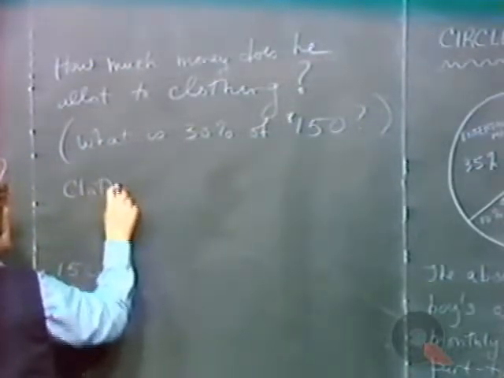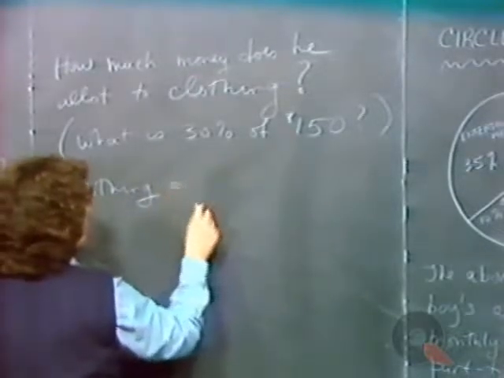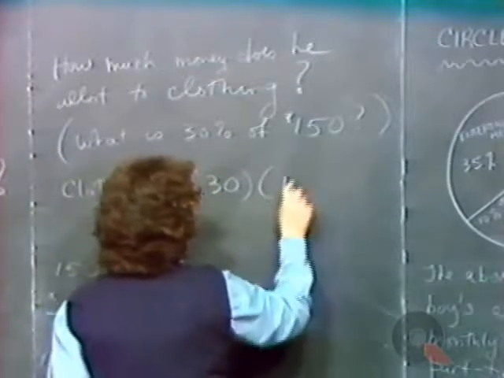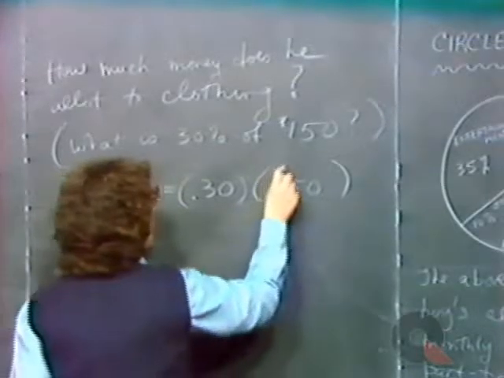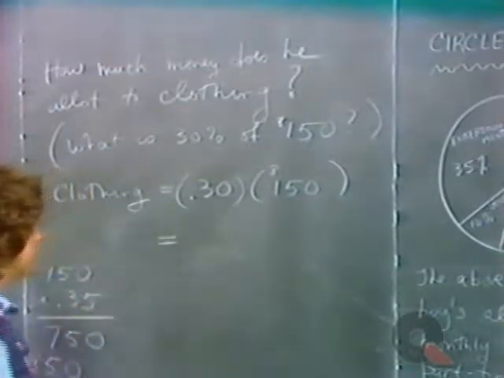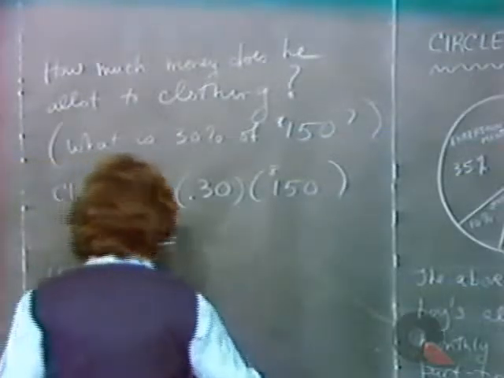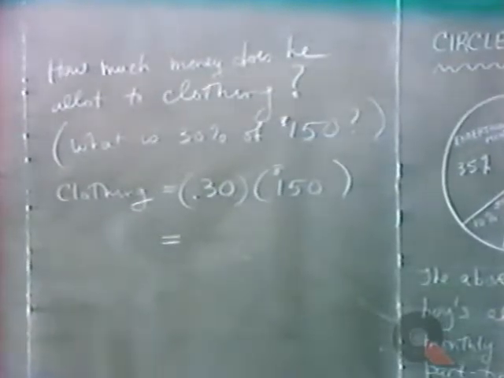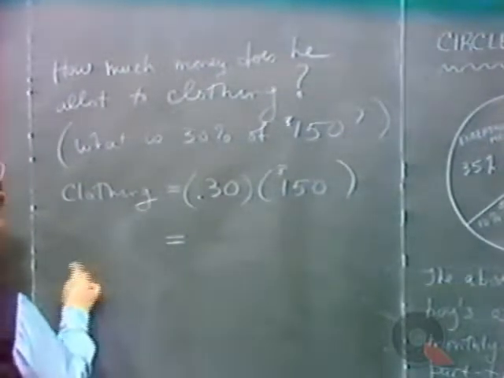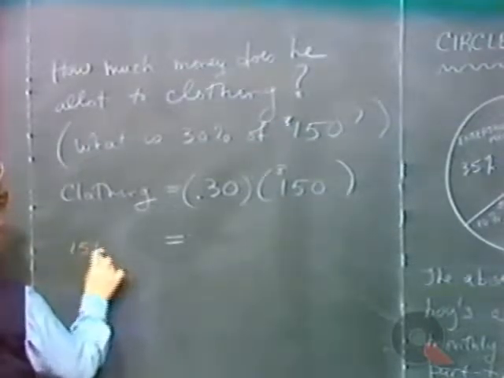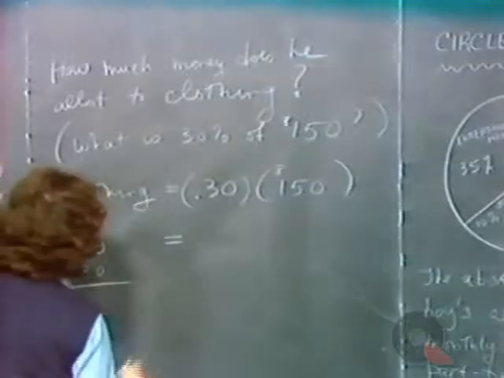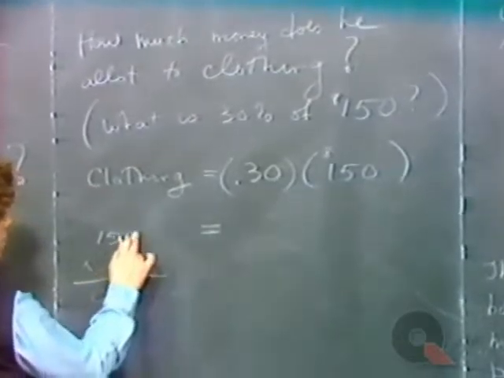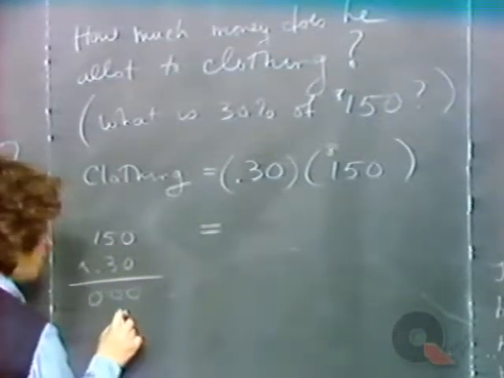So for clothing, we're going to compute 30% of $150, or 0.30 times $150. $150 times 0.30, first 0 times 150, and then indent 1, and now 3 times 150 to get 450.